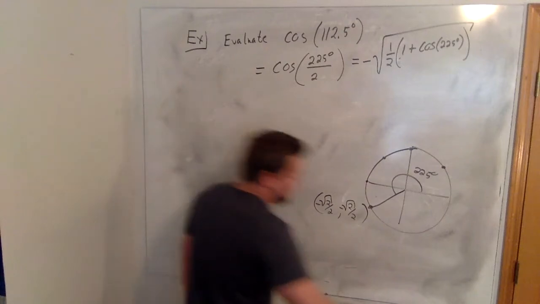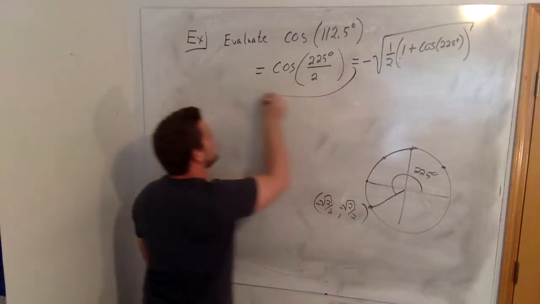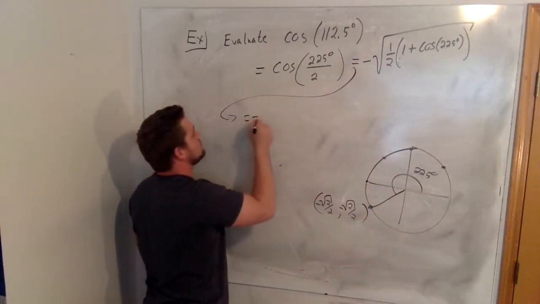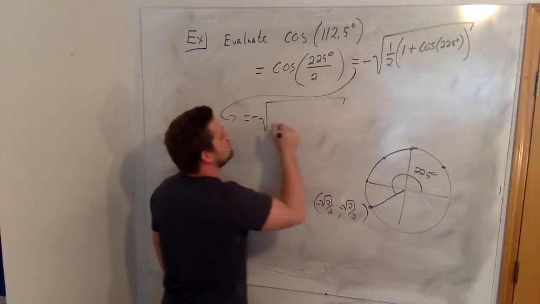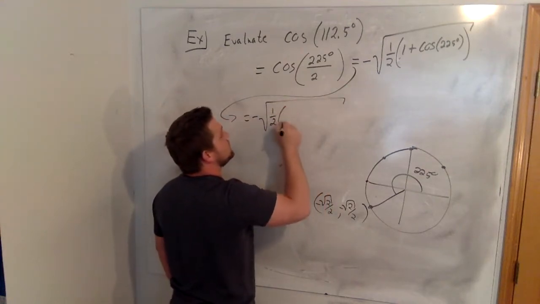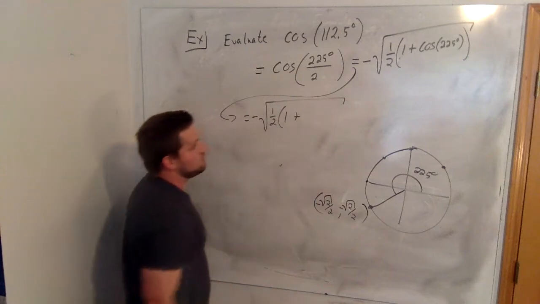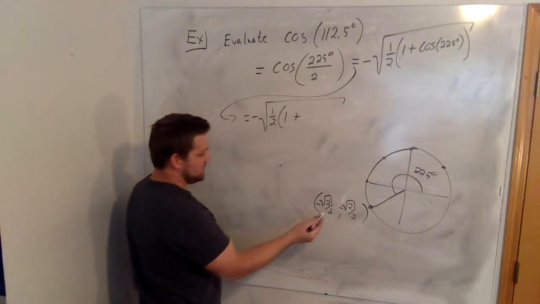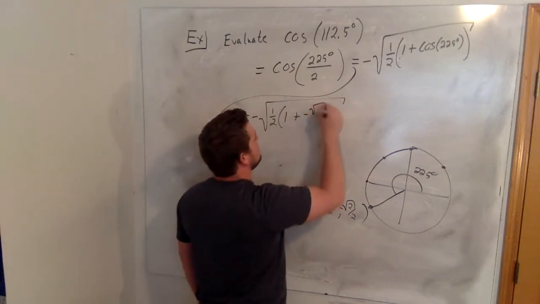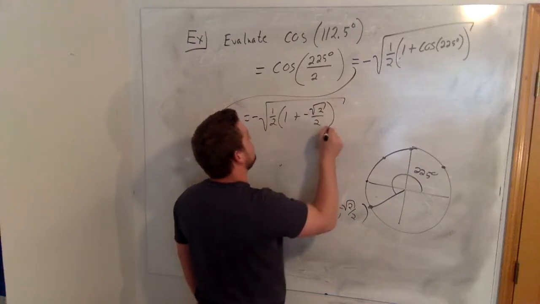So this is equivalent to the negative square root of 1/2 times 1 plus the cosine of 225 degrees, which is negative root 2 over 2.